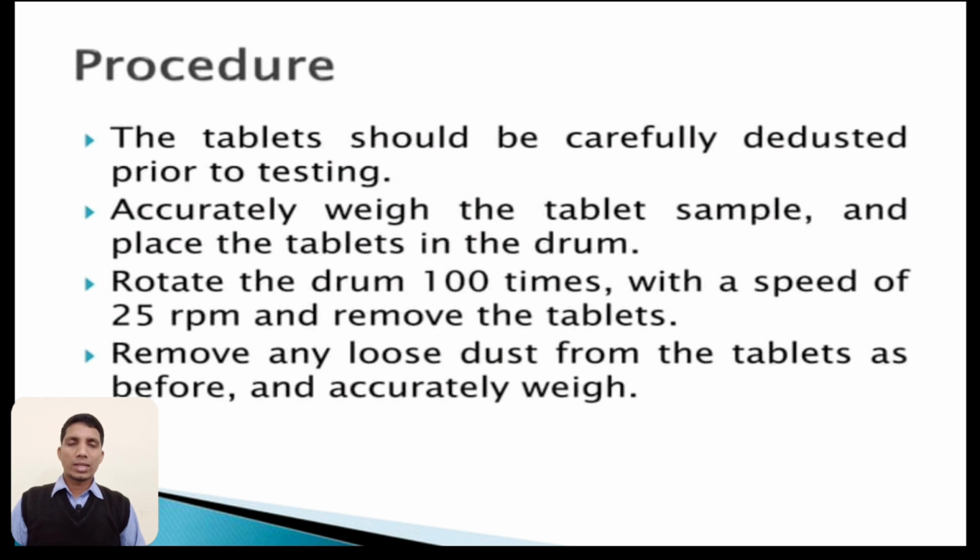Then we set the speed of the drum to 25 rotations per minute for 4 minutes, 100 rotations. During these rotations, the tablets are carried upward and then fall from a fixed height. Then we remove any loose dust from the tablets as before, using Kimtech paper, so that the accurate weight of the tablets is obtained. Then weigh them again after the process is complete.